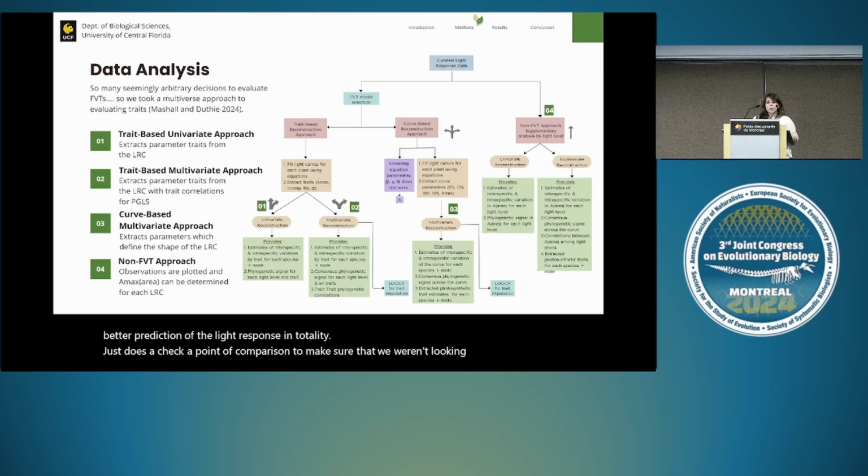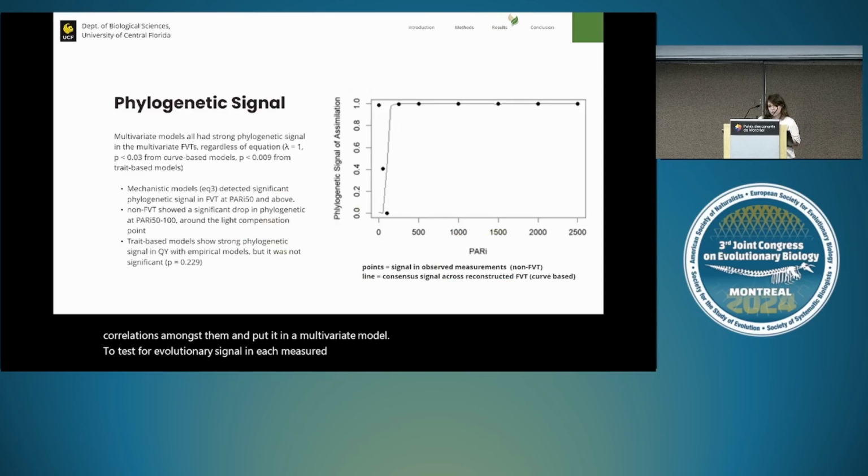Just as a check, a point of comparison, to make sure that we weren't trying to interpret measured variation in our data set, we also took a non-function valued trait approach where we just took the measured carbon assimilation values at each measured light intensity and treated that as a trait, and then put those either in a univariate model or found correlations amongst them and put it in a multivariate model to test for evolutionary signal in each measured value.